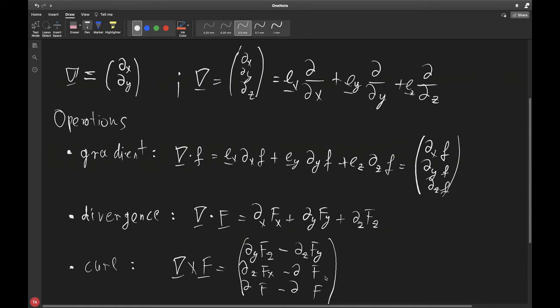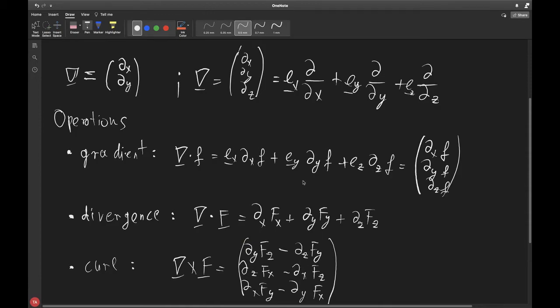So that means that we put z here and x here. We did z, x, so this is going to be y, and we did y, z, so that's going to be x, and that means that this is an x and this is a y.